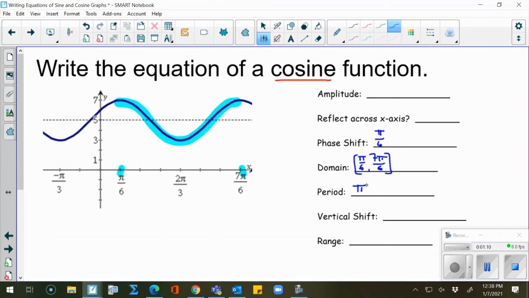And this cosine phase is not reflected over the x-axis. The vertical shift, or midline, would be at 5. The amplitude is 7 minus 5, which is 2. And the range of the graph would go from 3 to 7, minimum to maximum.